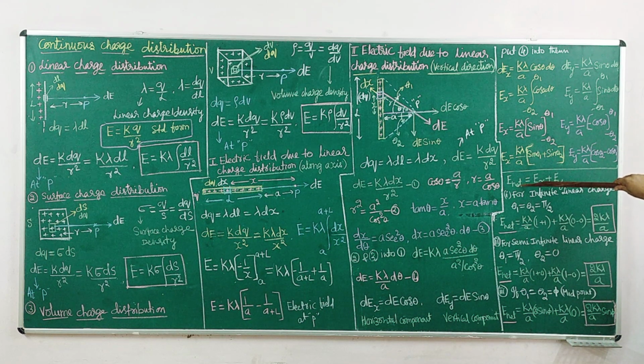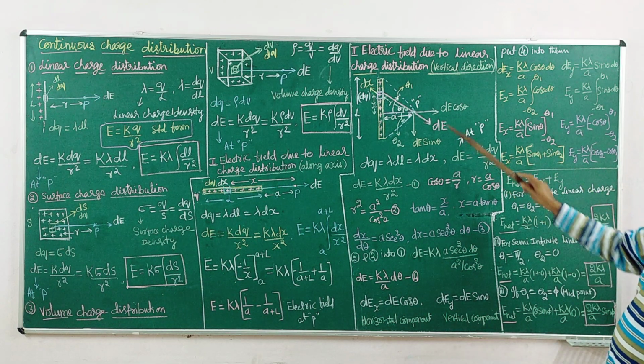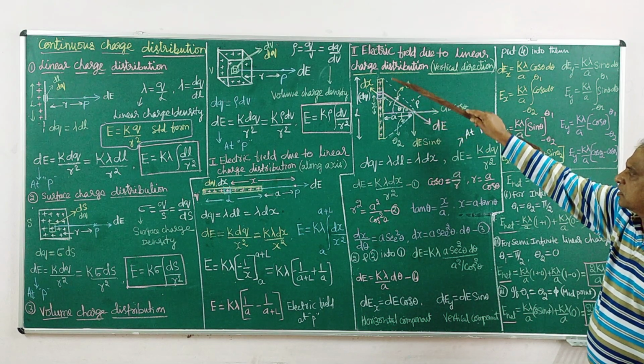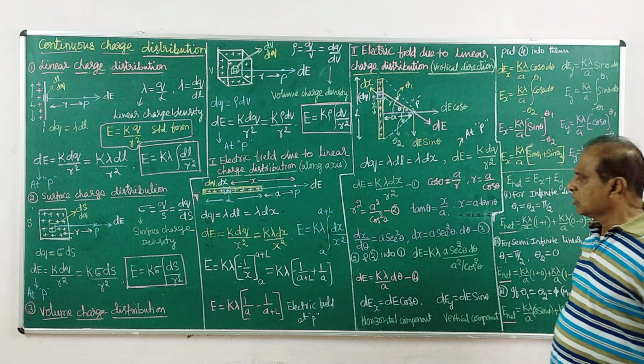So with this we can calculate, or simply understand, what are the different possibilities we come across with this equation. This is a general mathematical equation for the electric field for this linear charge of finite length.